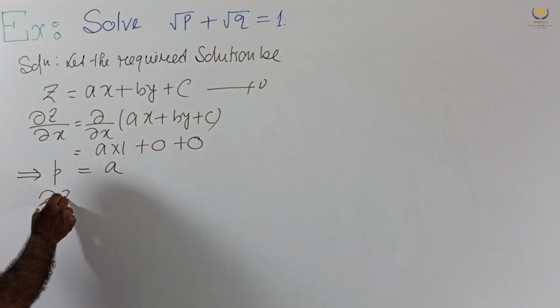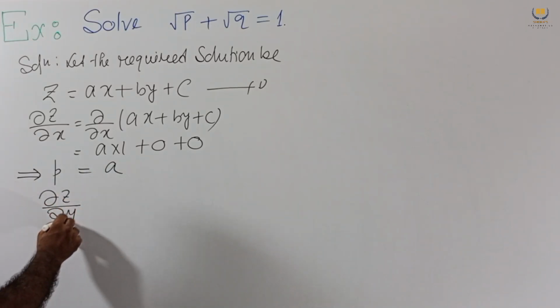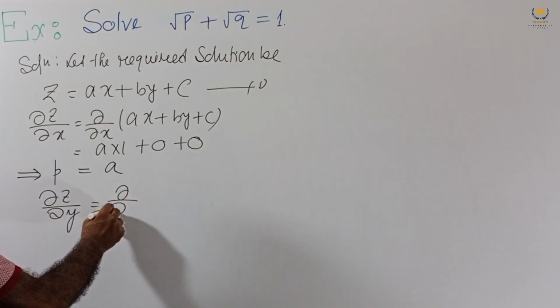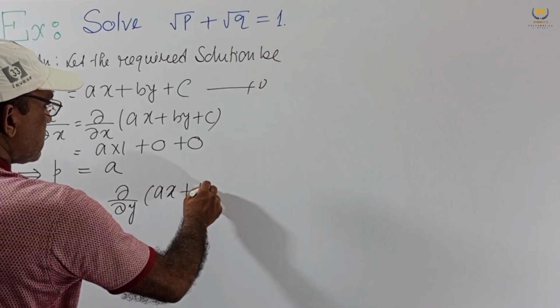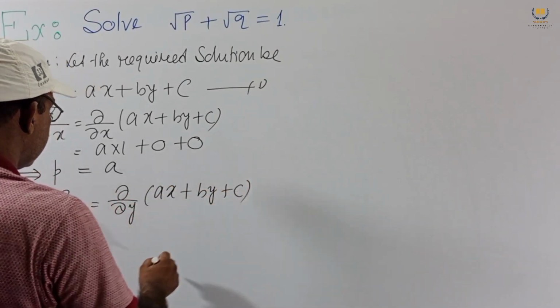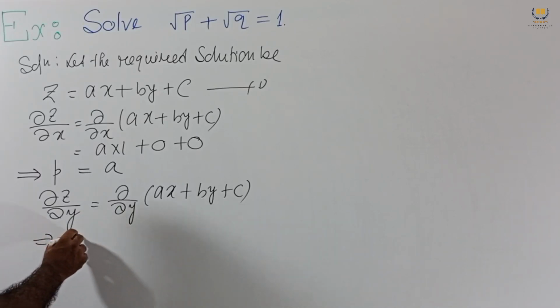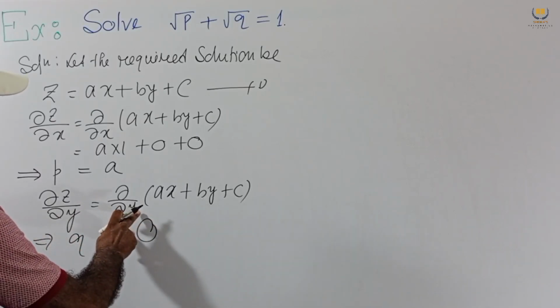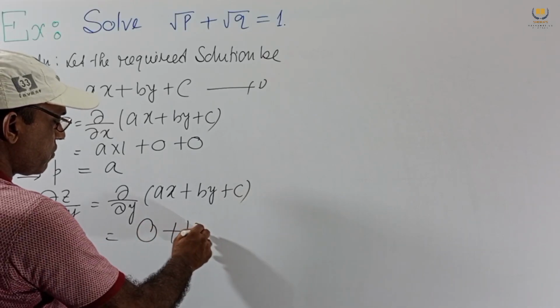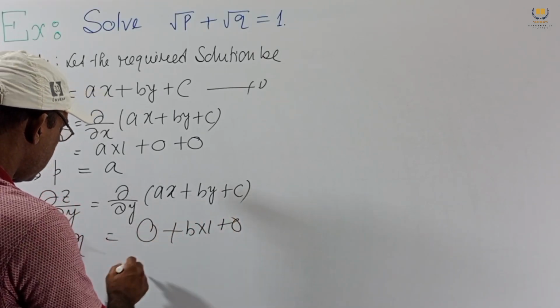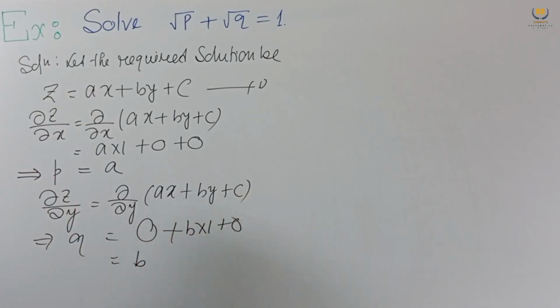Again, differentiate with respect to y. Del z del y is del by del y of ax plus by plus c. This is q. This is 0 because we differentiate partially with respect to y, and this is b into 1 plus 0, which equals b.